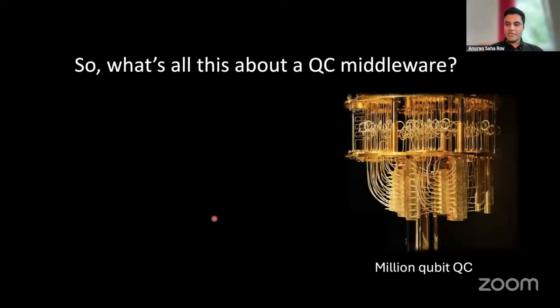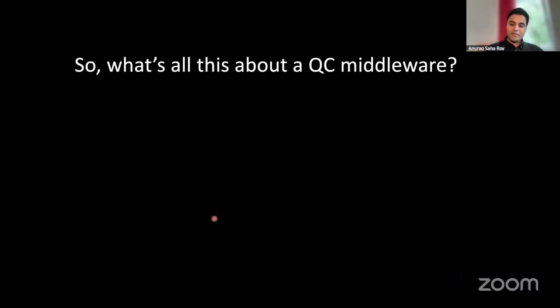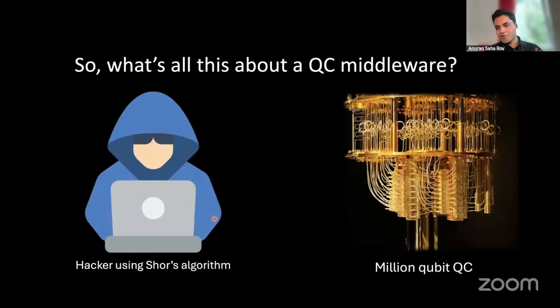So let's think about this situation where you have a million qubit quantum computer, right? It's coming next year or something. So we'll all have this million qubit device and everybody will be happy. Either way, next year or 10 years from now, let's take this case of a million qubit quantum computer. And then you have some hacker who's using Shor's algorithm to factor all the RSA encrypted data and steal all your private secrets.